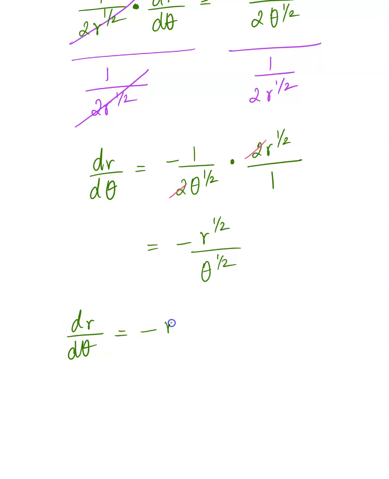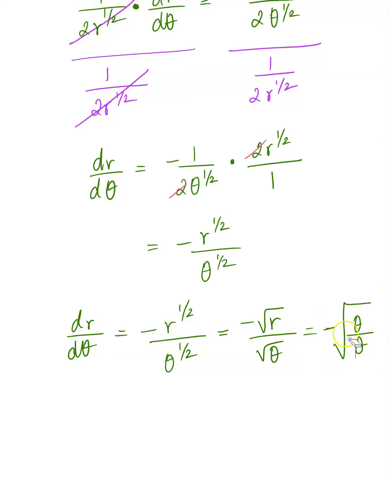So that's going to be negative r, and write the expression that we have here, which is the same as negative root r over root theta, or because they are like radicals, we can bring them under the same radical. So any one of these options would work.